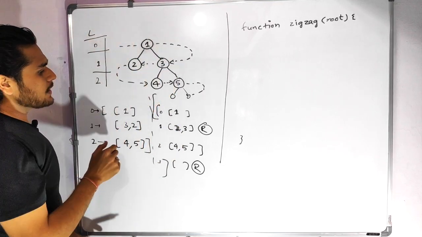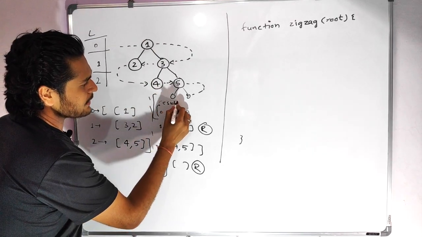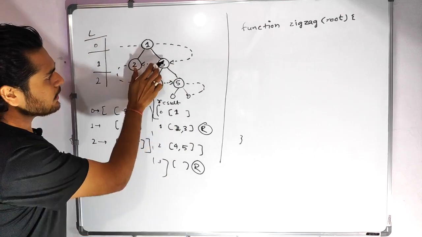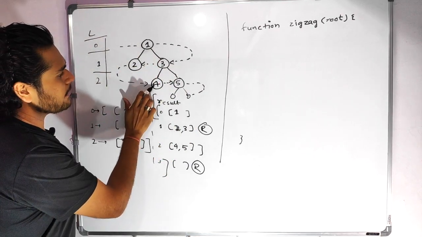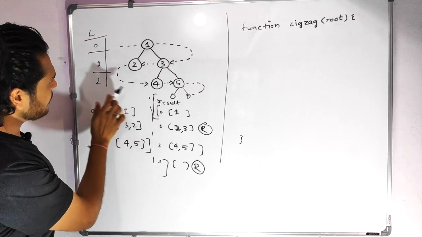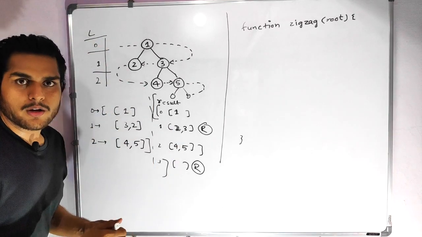If we call this whole array result, then in result of 1 we will put 3, and if we are at node 4, in result of 2 we will put 4. Something like this we'll do.